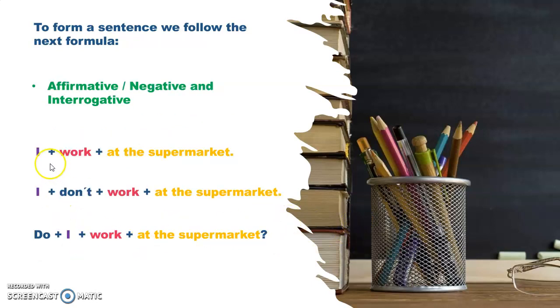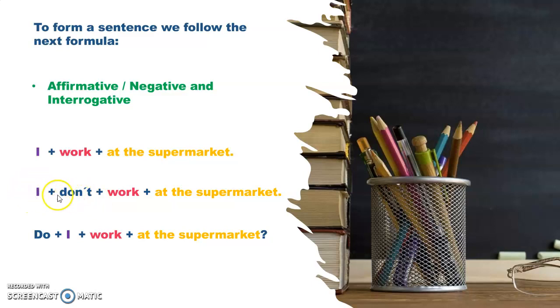Then my affirmative sentence has the person who is doing the action, in this case I, the action, the verb, work, and more information, at the market. Then this sentence goes below and we add don't in the same order. The only thing we are adding is the don't, after the person.